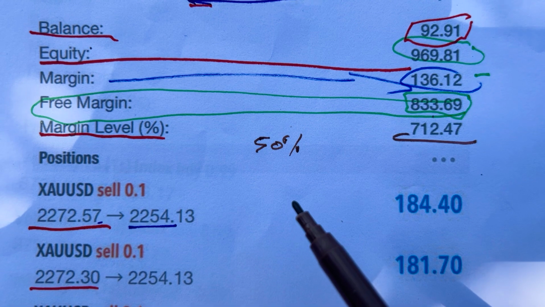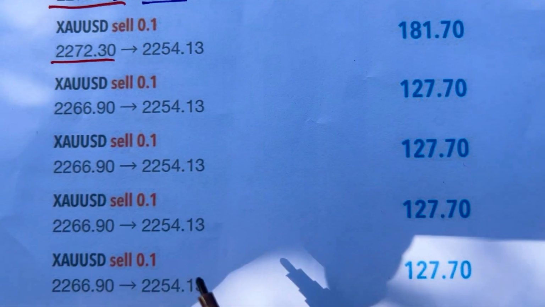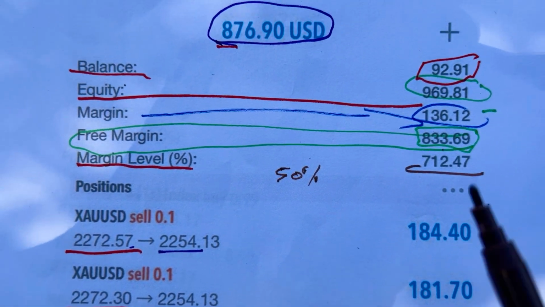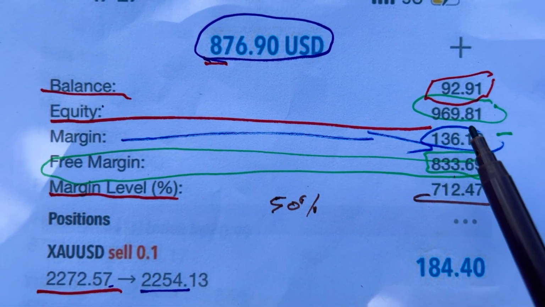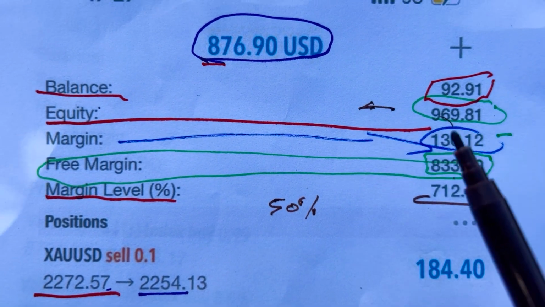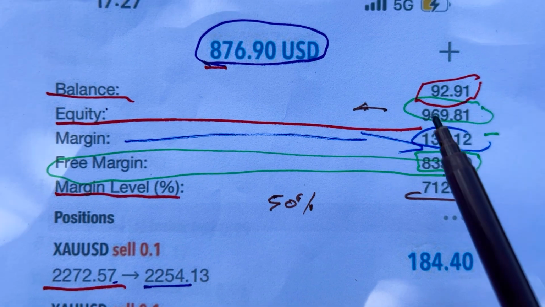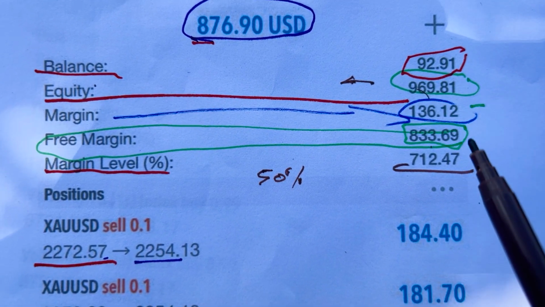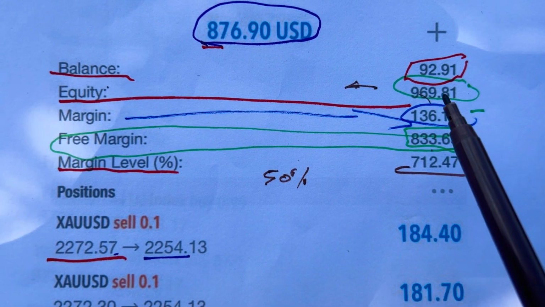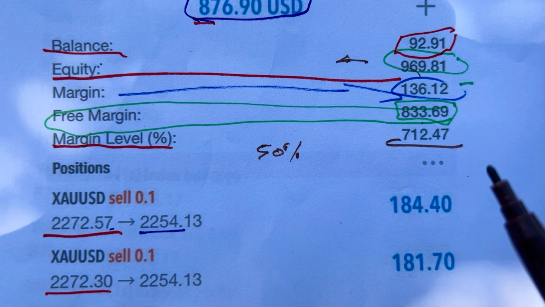That 50% margin level represents that all these trades here will be closed automatically because you won't have enough capital on equity. So the 50% applies to equity, not balance. Should you lose 50% of the equity, your trades will be closed automatically.